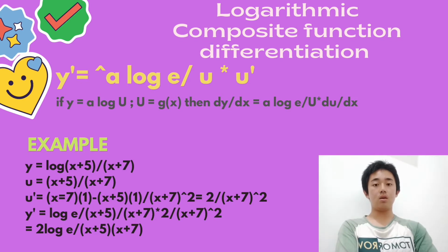Here u equals (x plus 5) by (x plus 7). The derivative of u with respect to x is (x plus 7) times 1 minus (x plus 5) times 1, all over (x plus 7) squared. That gives 2 by (x plus 7) squared. Then dy per dx is log e by (x plus 5) by (x plus 7) times 2 by (x plus 7) squared.